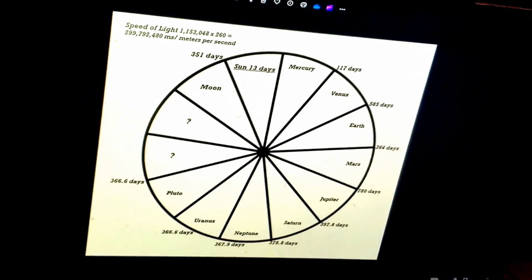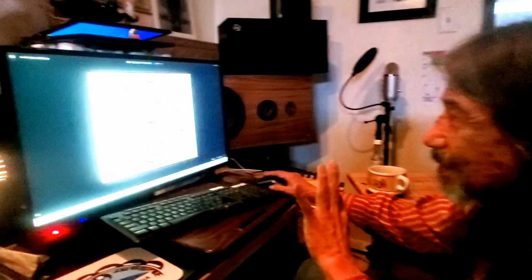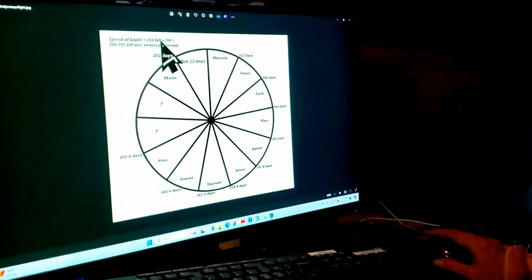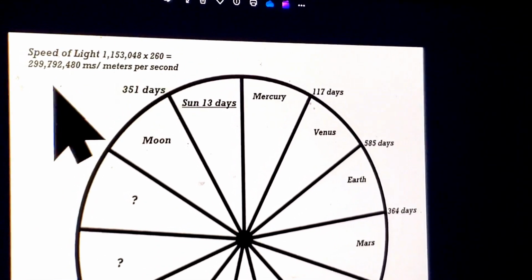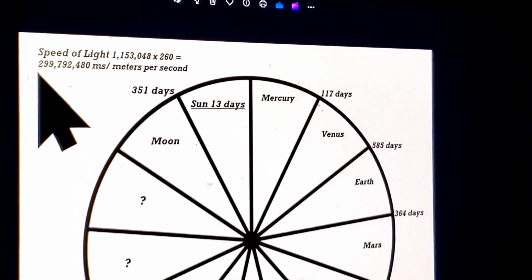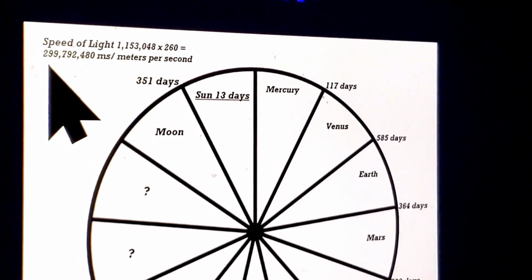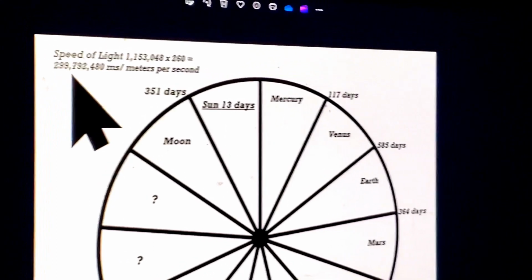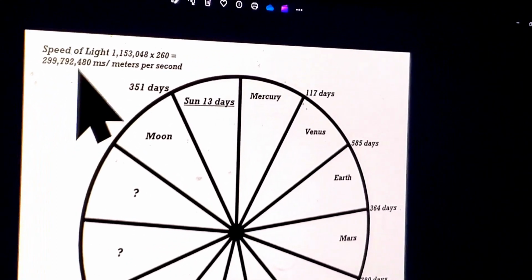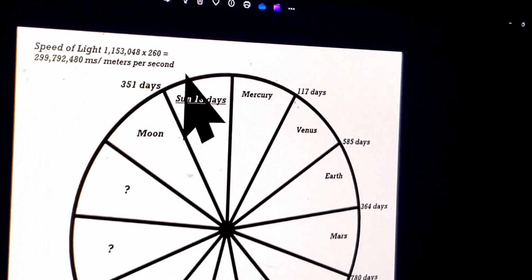And I hope that, by me explaining these, last but not least, this number up here, if you take this 1,153,048 and you times it by that sacred number, 260 again, for the sacred calendar, it gives you 292,792,480 meters per second.